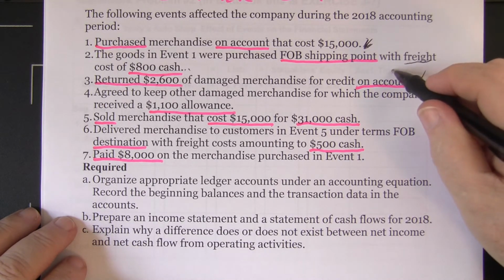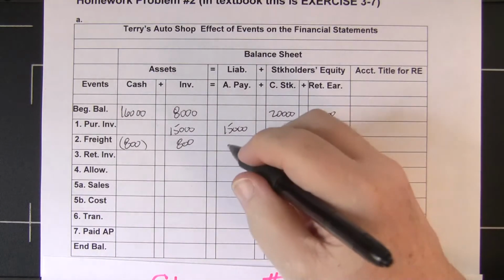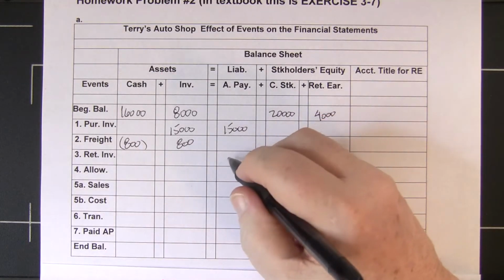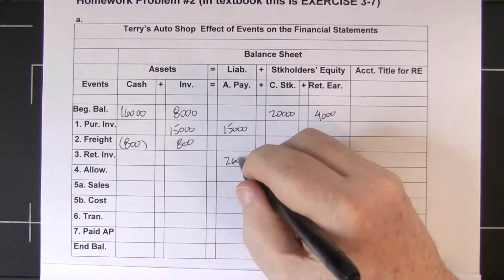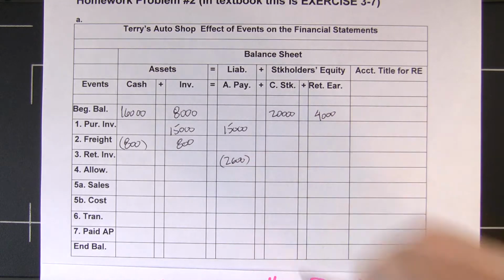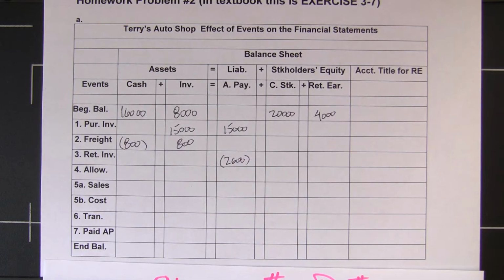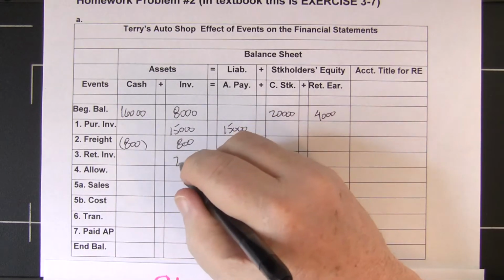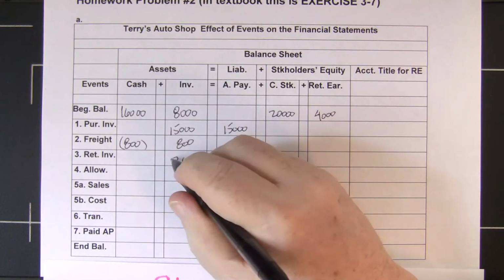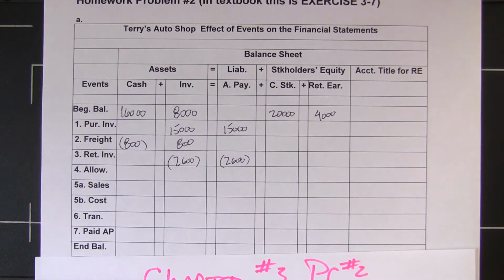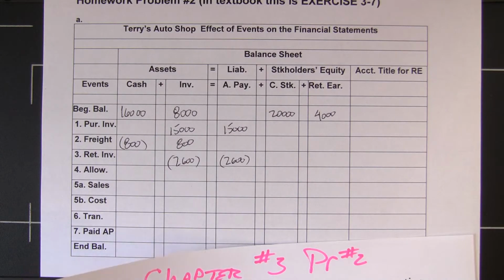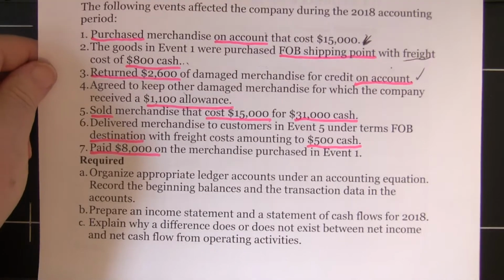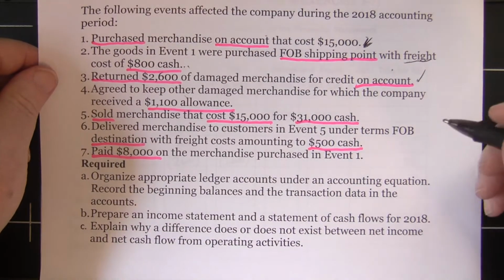Now we hadn't paid for it yet, so our accounts payable goes down $2,600. Because I'm assuming that if you're taking something back to the store, you're not inclined to pay for it. So we returned our inventory, $2,600. So our inventory goes down. And I'm hoping as we go through this, you're starting to see that there's kind of a common sense to it.